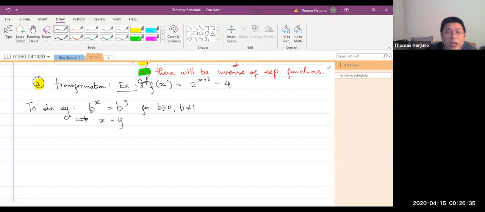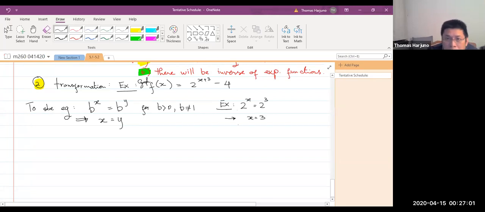Notice that we need that one-to-oneness to solve the following. Let's say a very simple example: if I have 2 to the x equals 2 cubed, by one-to-oneness, x equals 3, because 2 to the x is a one-to-one function.